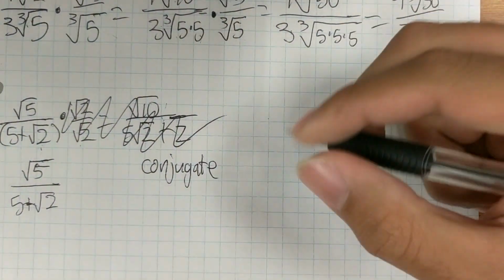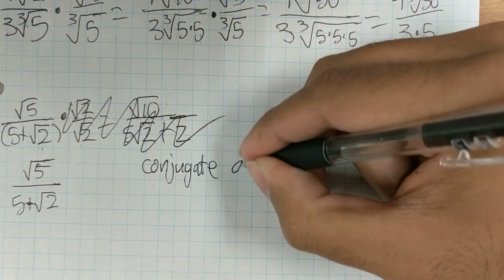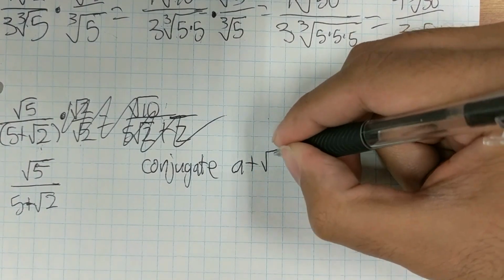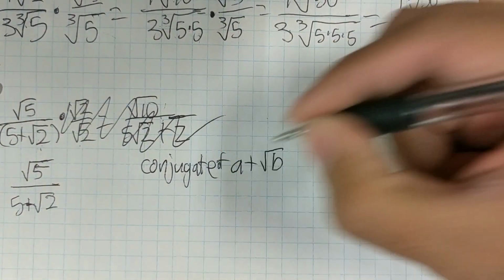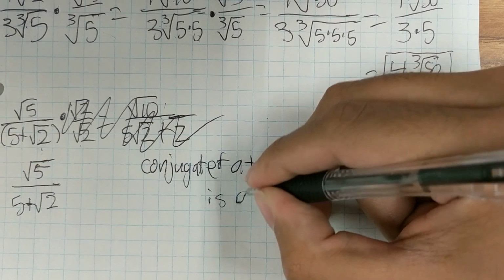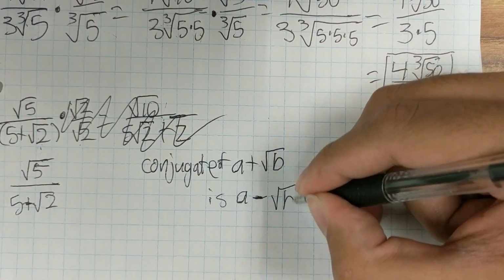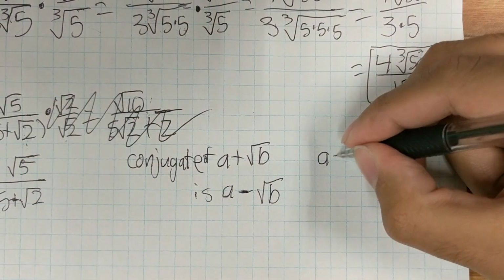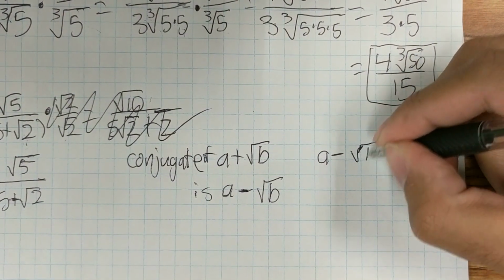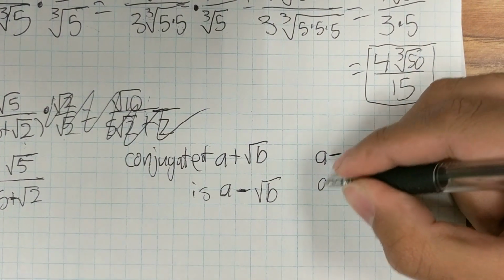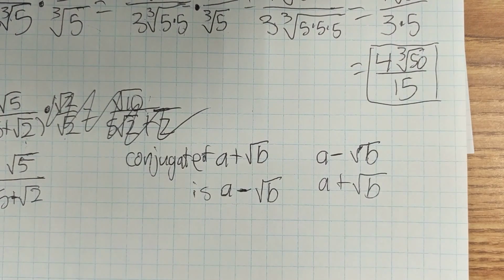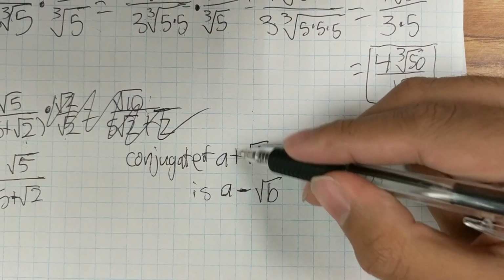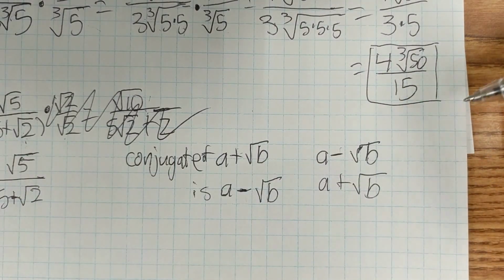Okay, so the conjugate of a plus, let's just say radical b, is a minus radical b. Okay, so it works the other way. If you have a minus radical b in your problem, the conjugate is a plus radical b. So basically whatever the sign is, you switch it.